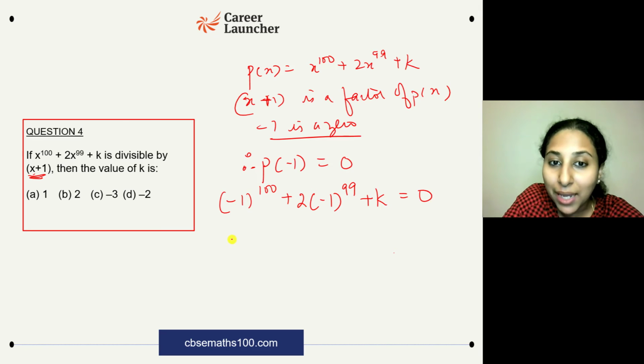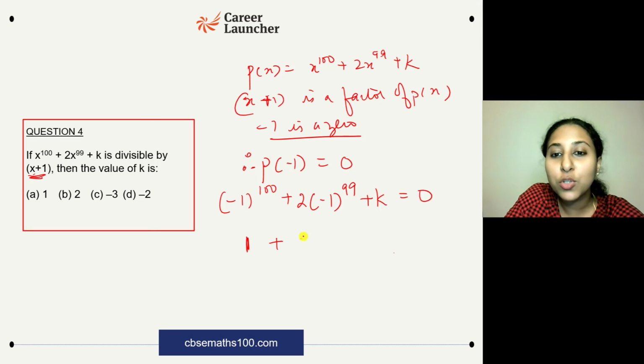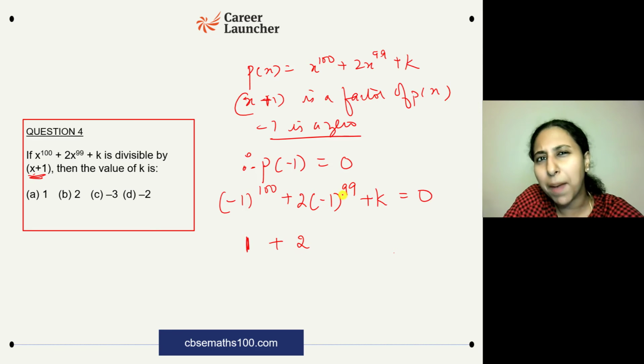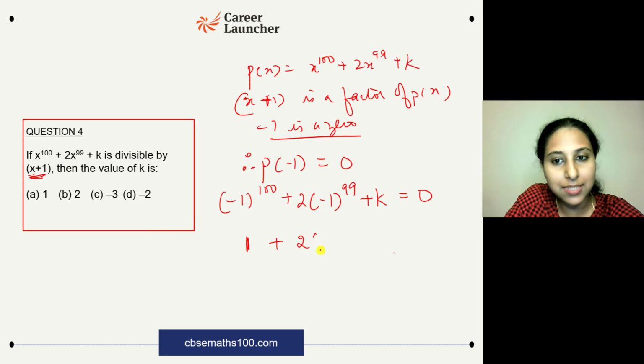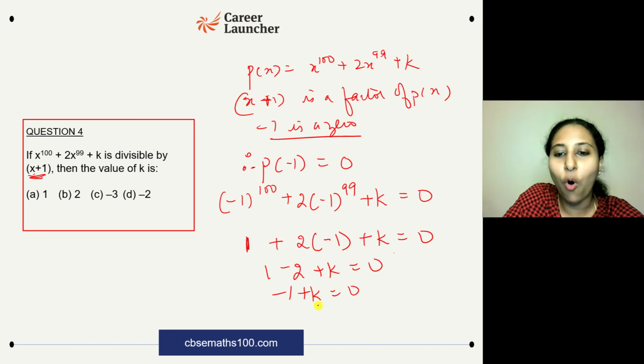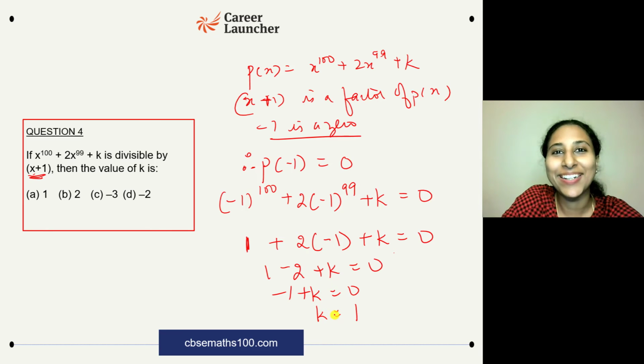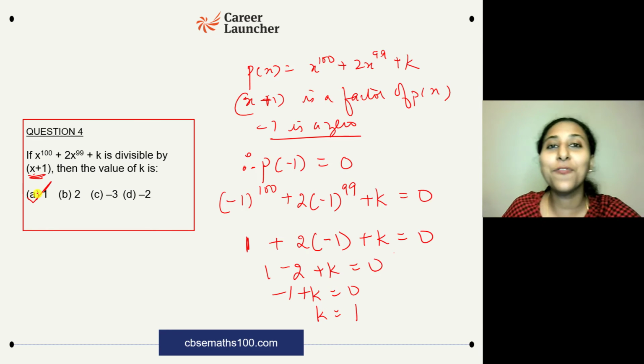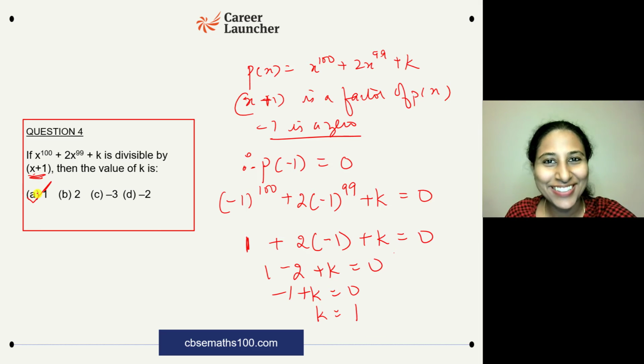So this will be plus 1 to the power 100, which is 1, plus 2 into minus 1 to the power 99. Minus raised to odd number will be minus, and 1 to the power 99 is 1 only. So you get 2 into minus 1 plus k is equal to 0. In this case, we are obtaining 1 minus 2 plus k is 0, minus 1 plus k is 0, or k is equal to plus 1. This will be the answer for question 4.